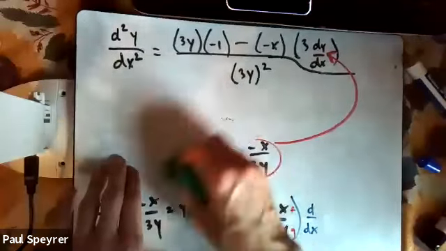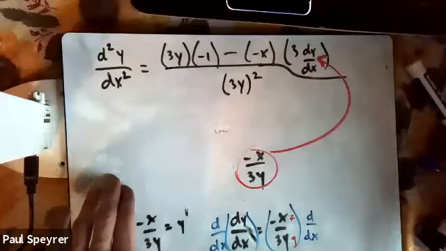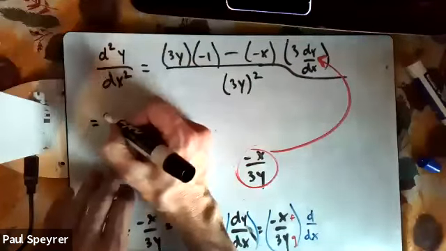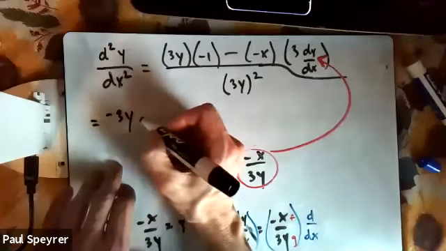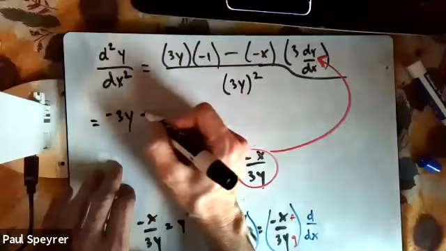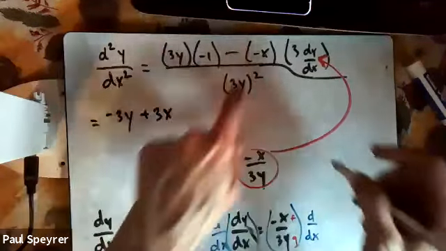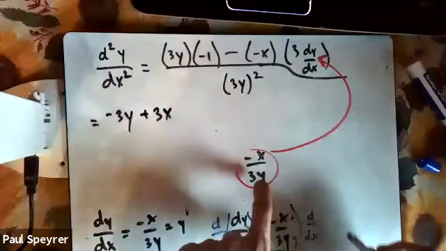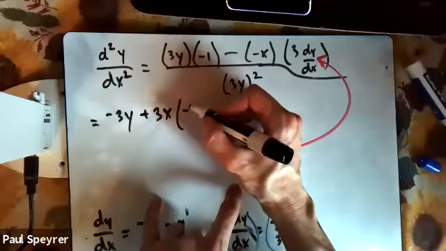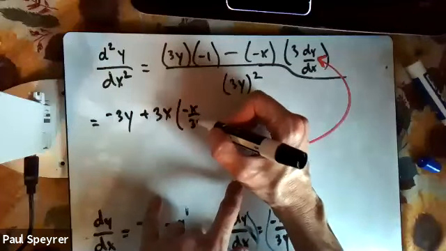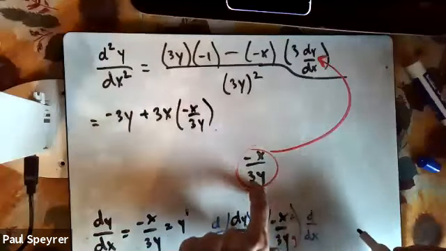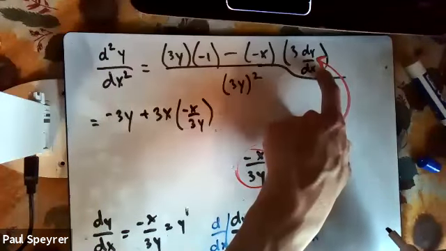Now let's see what it all looks like. So this is all equal to negative 3y. This is positive 3x, because negative times negative is a positive. x times 3 is 3x. dy dx was the negative x over 3y, right? I'm taking this, and this is dy dx, and we're plugging it into this right here.